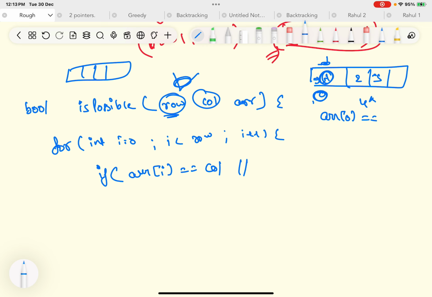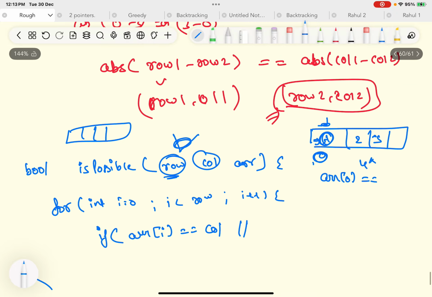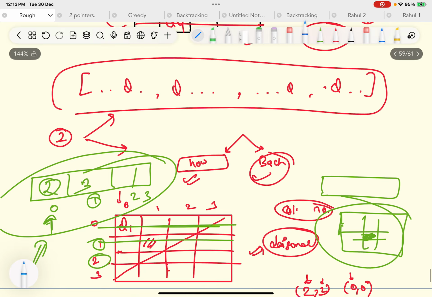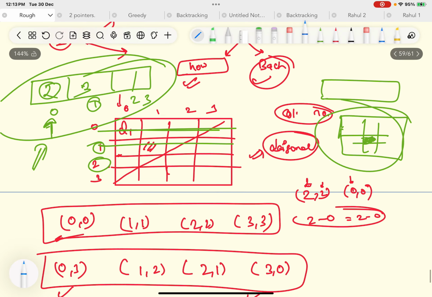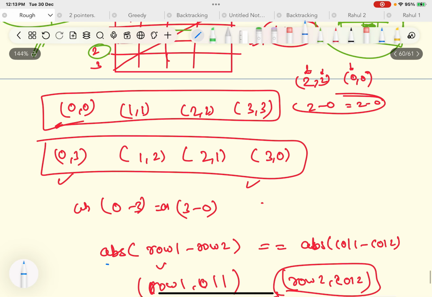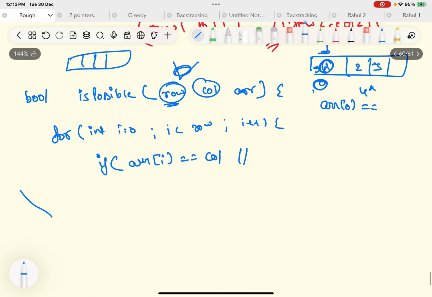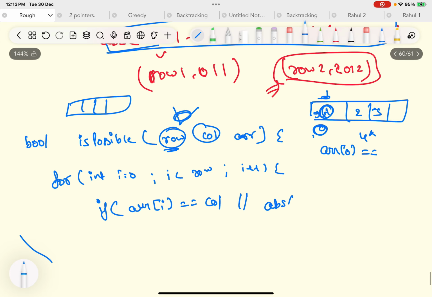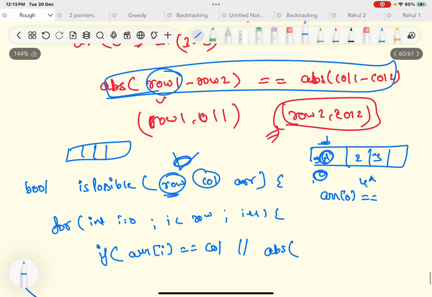So if array of i is equal to column, or what I said, the diagonal condition. What was the diagonal condition? Where we have written the diagonal condition, yeah: absolute of this. So absolute of row 1. What is row 1?